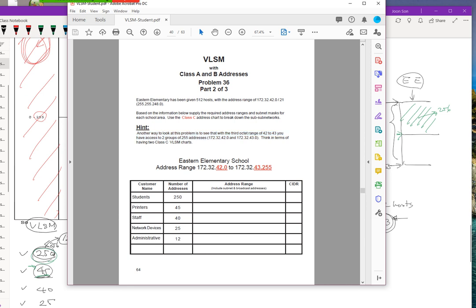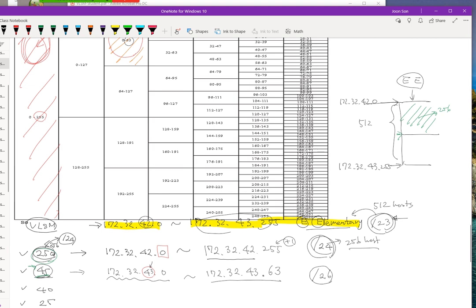Okay, so what they are saying is this. Another way to look at this problem is to see that with the third octet range, 42, 43, you have access to two groups of 255, basically class C addresses. So you can think of this as having two class C addresses.